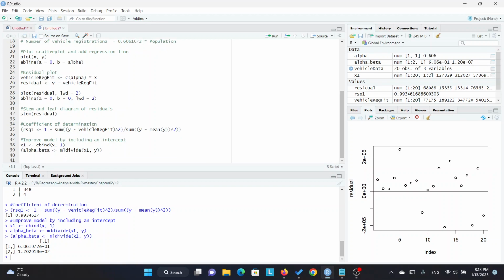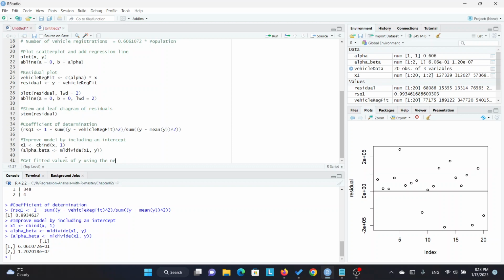Now let's get the fitted values of y using the new model. We'll see if it's improved or not.